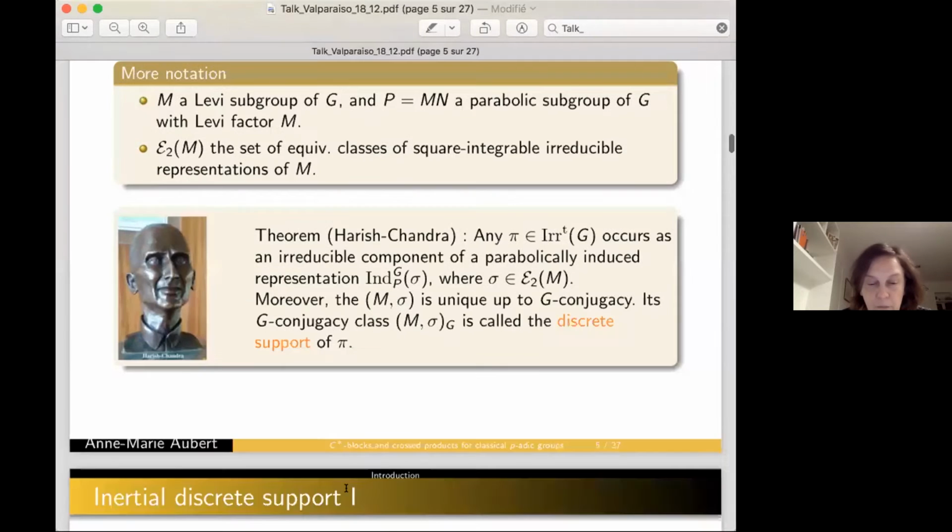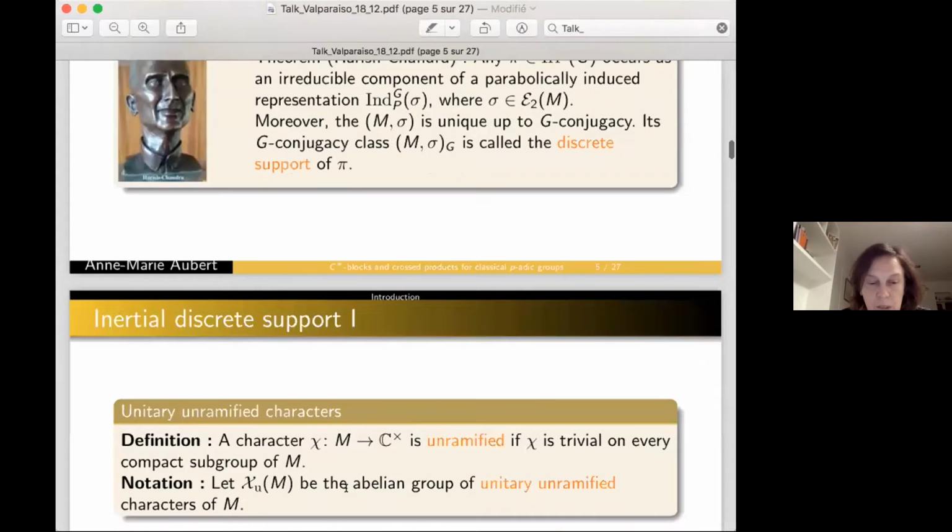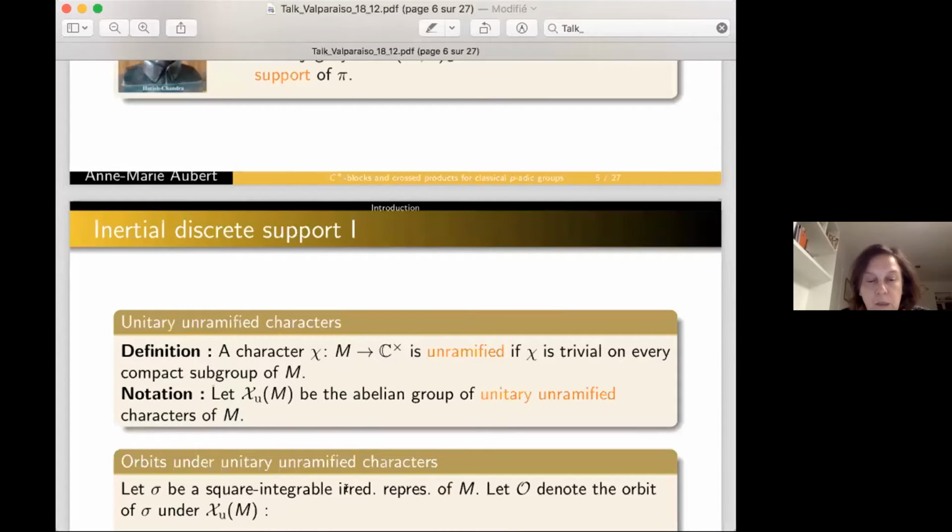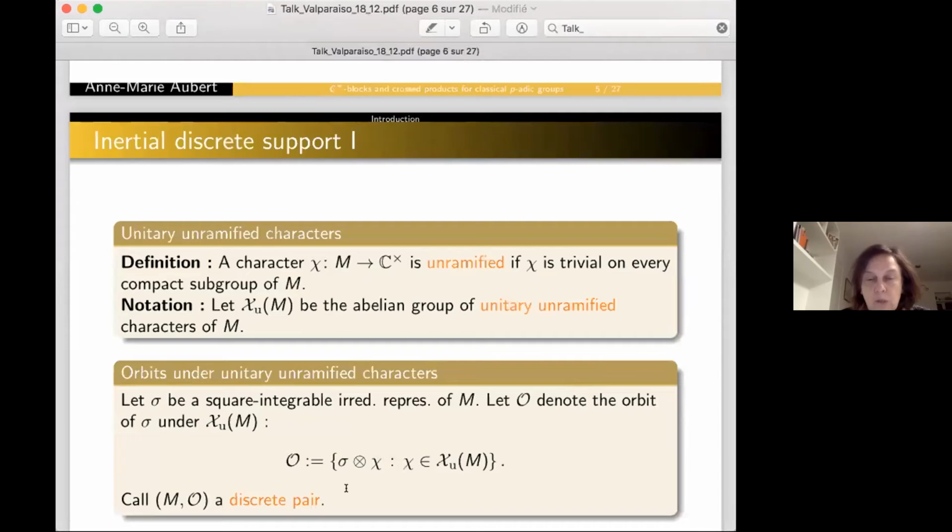This is what we do, just the analogous situation of what we do for supercuspidals. For the Bernstein center, we allow twisting any supercuspidal representation by an unramified character of a Levi. Here we will do the same, except that the character, in addition to being unramified, will be assumed to be unitary, because we will stay in the tempered world.